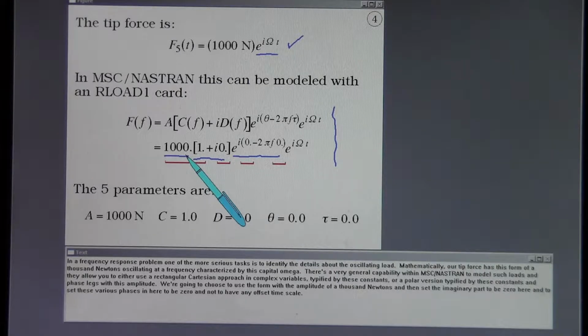We're going to use the form with the amplitude of 1,000 newtons, set the imaginary part to be 0 here, set these various phases to be 0, and not have any offset time scale.